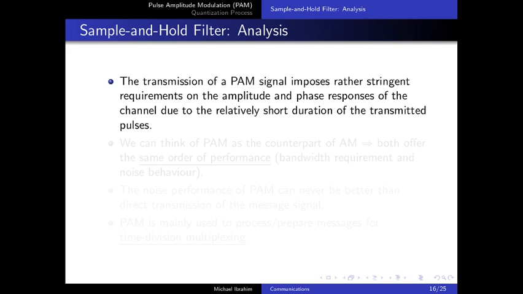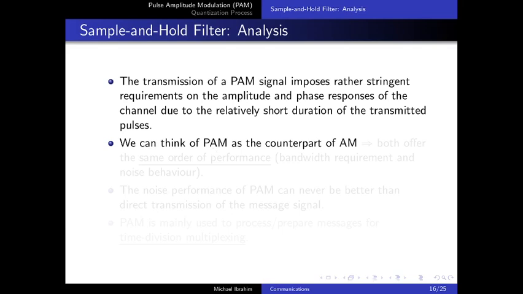As we are going to see later on, the PAM signal can be seen as a counterpart of AM. In AM, we have a sinusoidal carrier which changes its amplitude in accordance with the message. In PAM, we have a train of pulses which change their amplitude in accordance with the message.